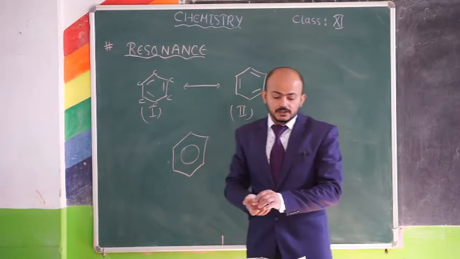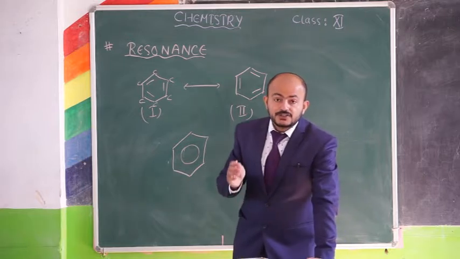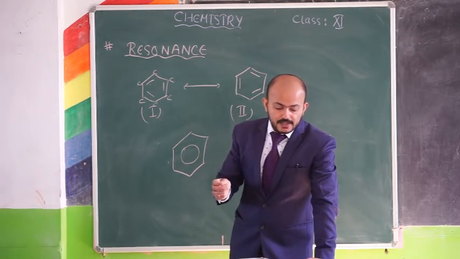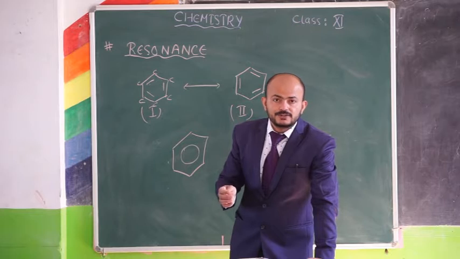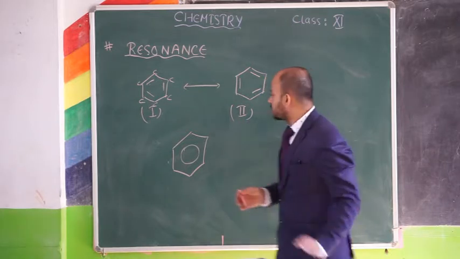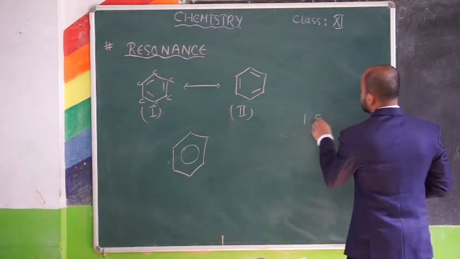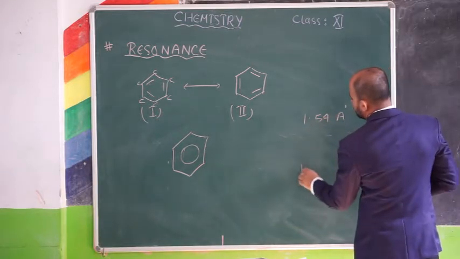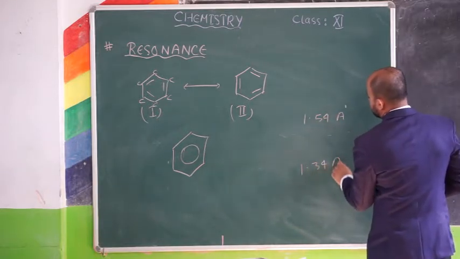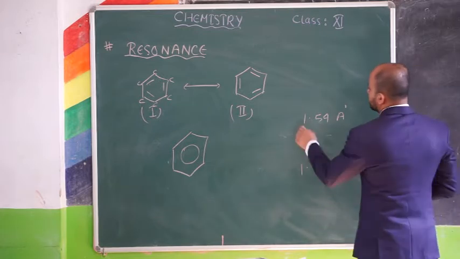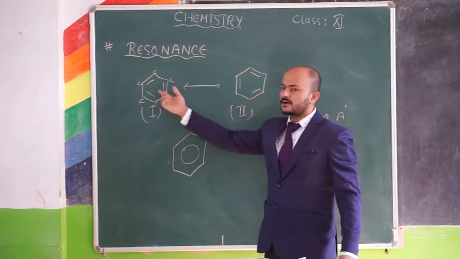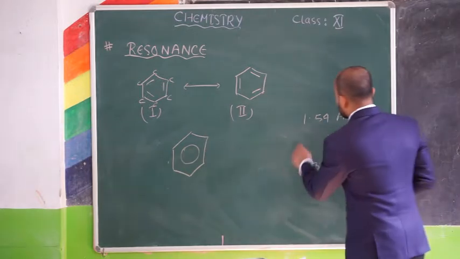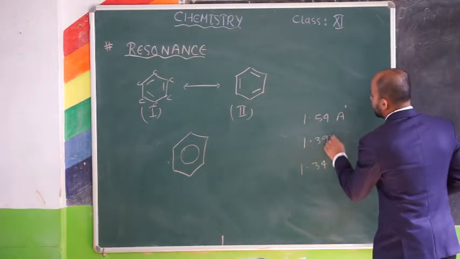For a single bond, the carbon-carbon length should be 1.54 angstrom, and for a double bond it should be 1.34 angstrom. But the carbon-carbon bond lengths in benzene are all equal, and it is 1.39 angstrom.